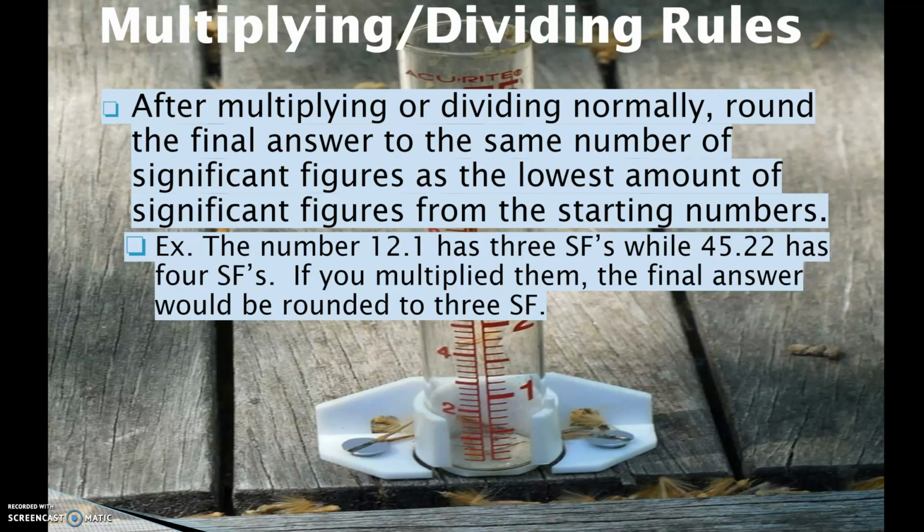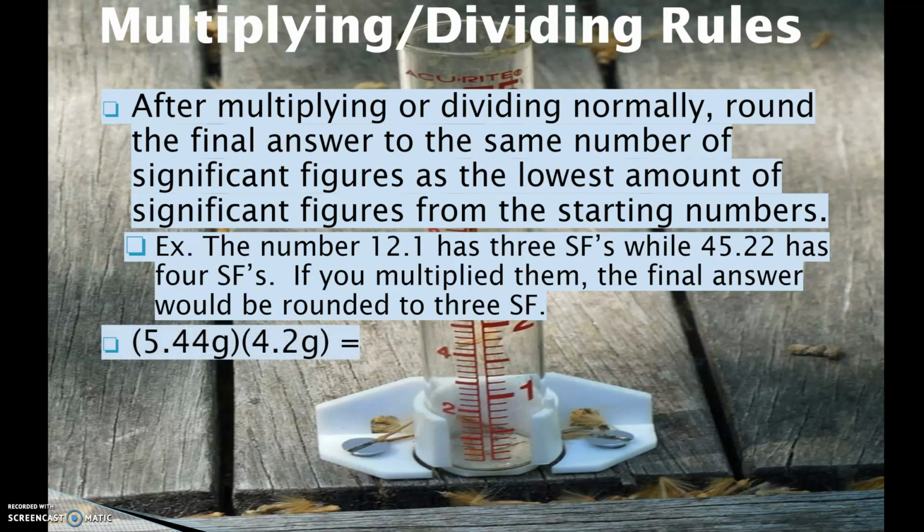The number 12.1 has 3 significant figures, while the number 43.22 has 4 significant figures. If you multiply them, the final answer would be rounded to 3 significant figures. So in this case, when you multiply or divide, you're looking at the total number of significant figures. With adding or subtracting, you are only looking at the places after the decimal.